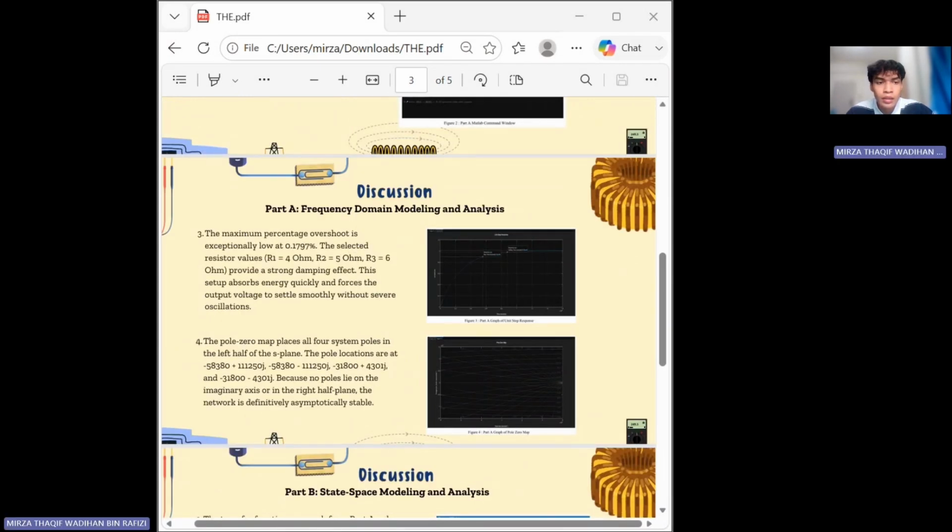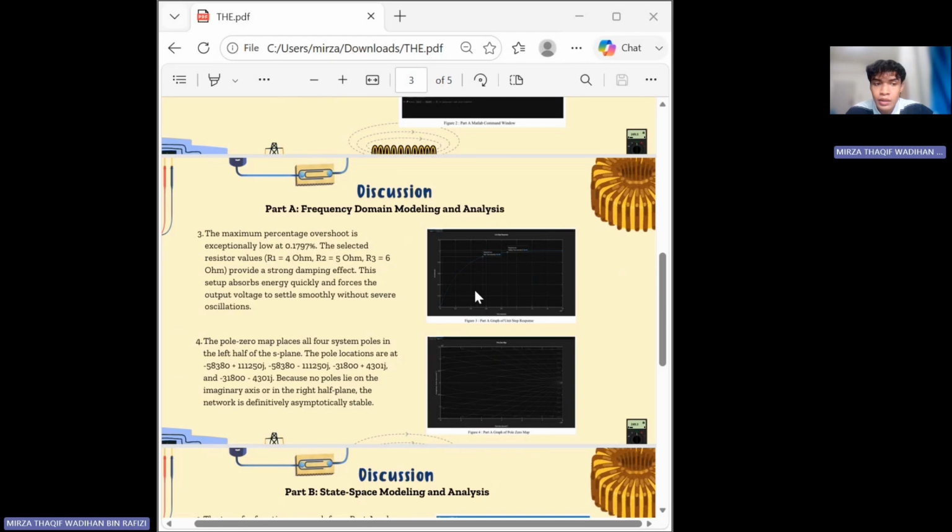Next, let's talk about how the system handles oscillation and its overall stability. Third, our peak overshoot is extremely low, only 0.1797%.